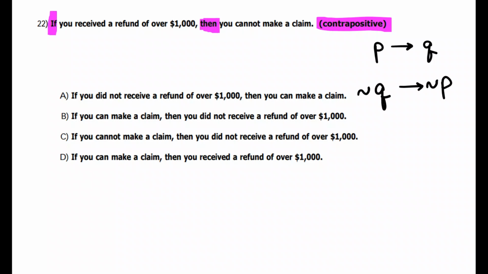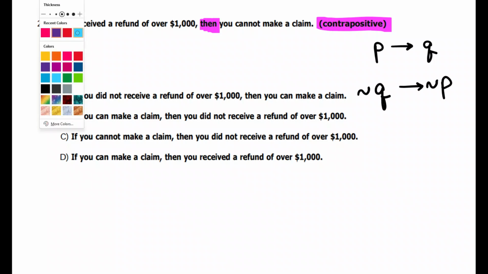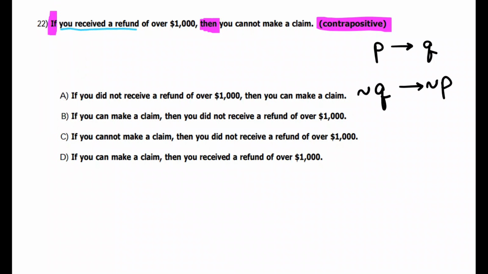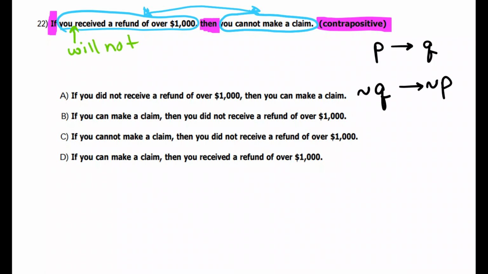So it starts off with an if and a then, and then you are going to take the you received a refund of over $1,000 and you're going to switch it with you cannot make a claim, but because you're negating them both, you, I guess, will not or cannot, you will not receive a refund.